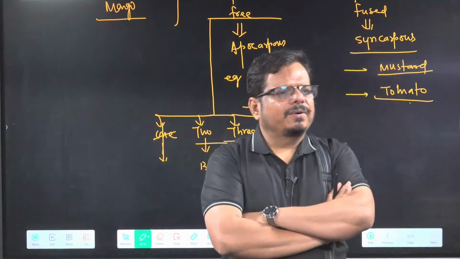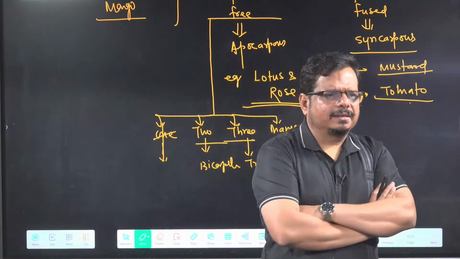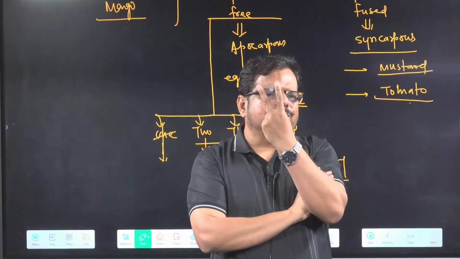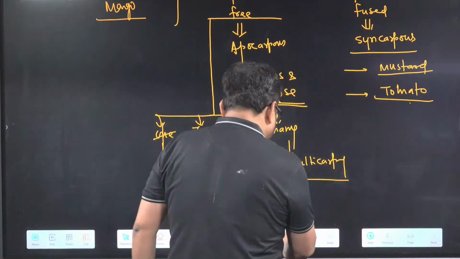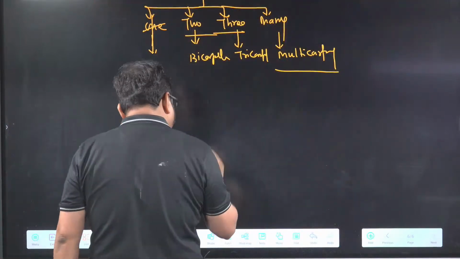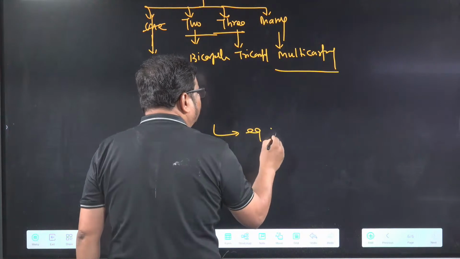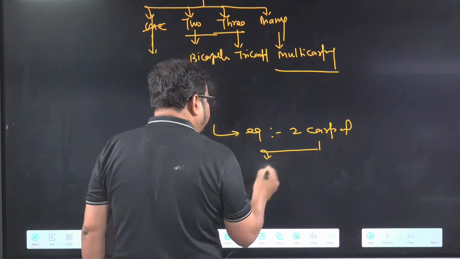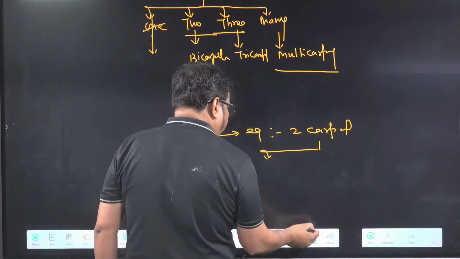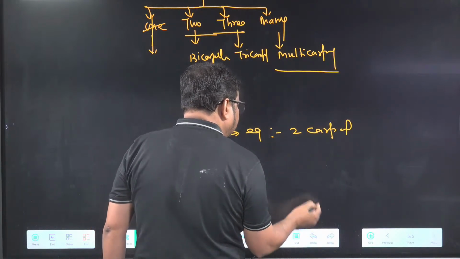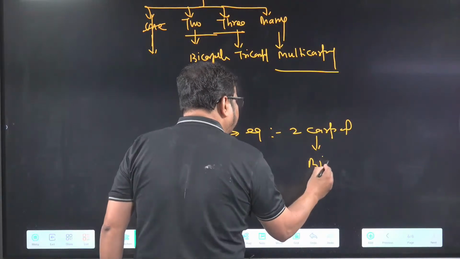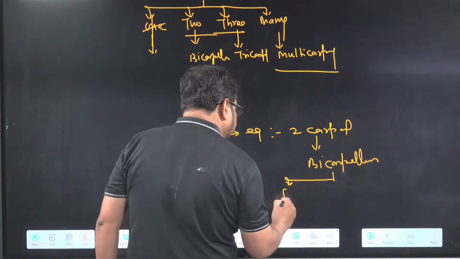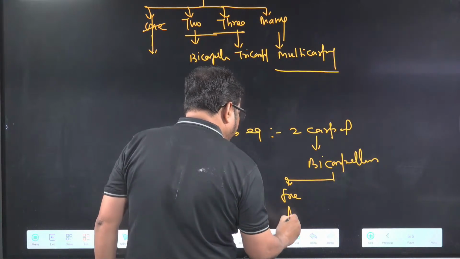Suppose two carpels are there. So we can say bicarpellary. Now two carpels are either free or fused. Suppose a flower has two carpels. First we say it is bicarpellary. If free, we use apocarpous.